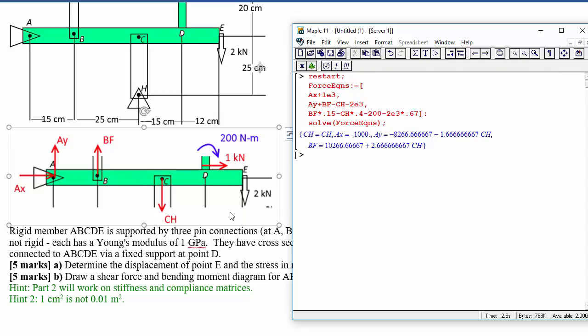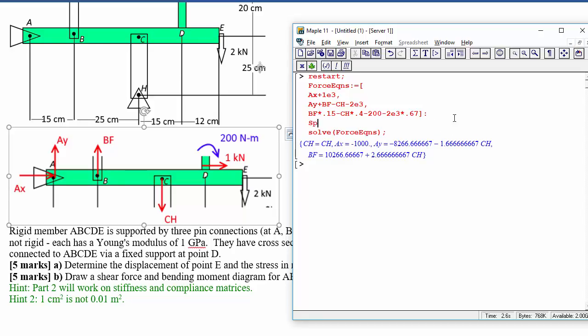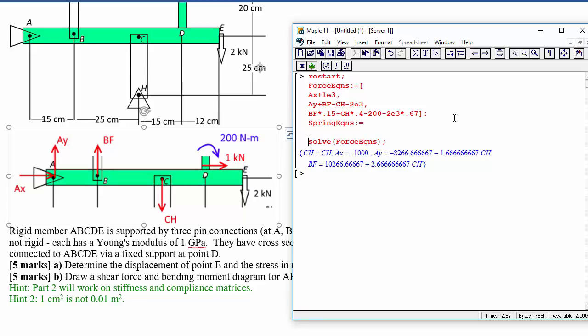So before we can solve this, we're going to need additional equations, and we can get those by writing out spring equations and then geometry equations. Let's explain what we're talking about here.